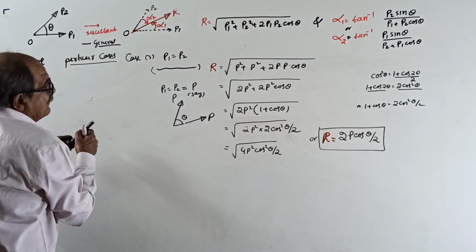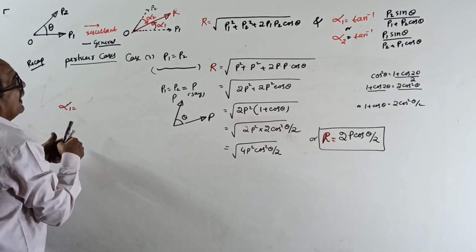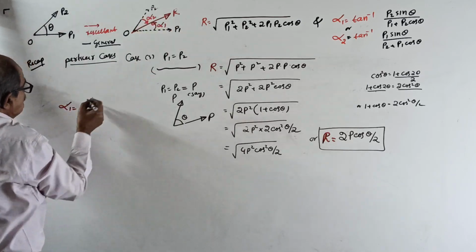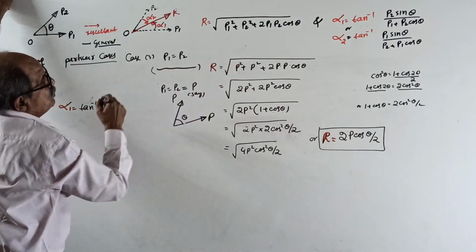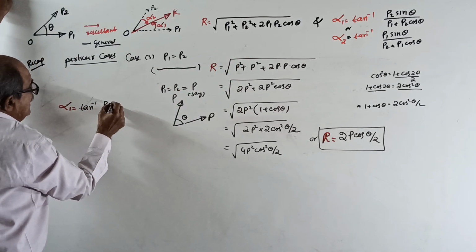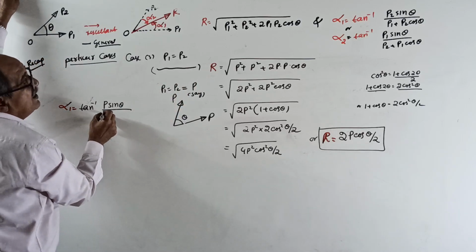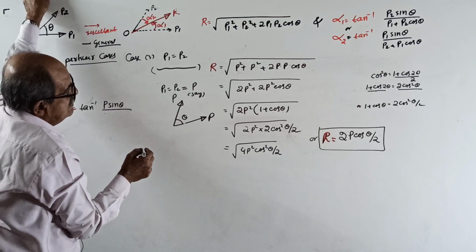Suppose you go for alpha 1, that is the angle made by the resultant with any one of the forces. Tan inverse of, see the formula, P2 sin theta, simply P sin theta, divided by P1. Any correction required? No correction required.